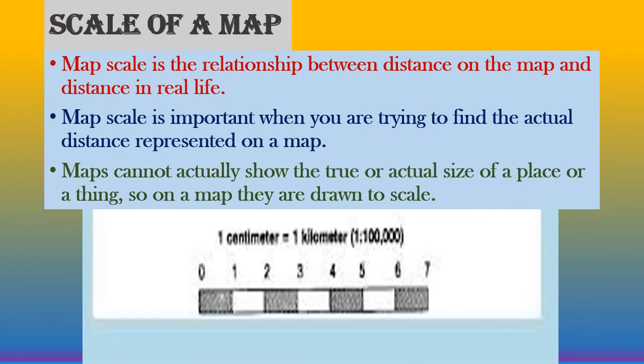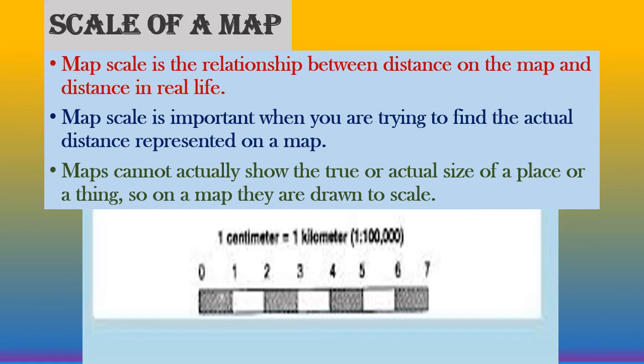For example, to show a true distance of 1 kilometer, we might use a scale of 1 centimeter on a map. As you can see in this picture, 1 centimeter is equal to 1 kilometer. What does it mean? It means that 1 centimeter on a map is considered as 1 kilometer distance in real life.